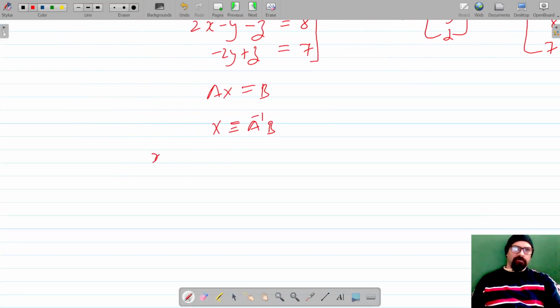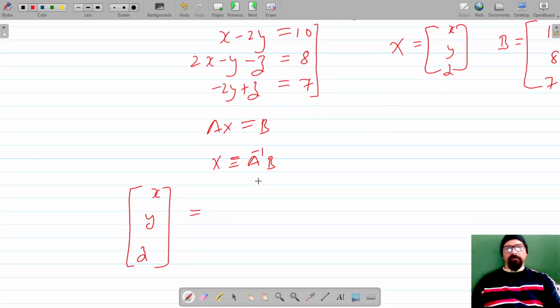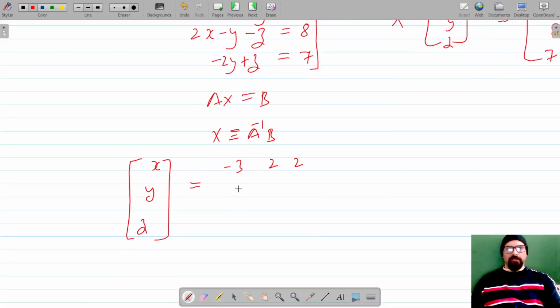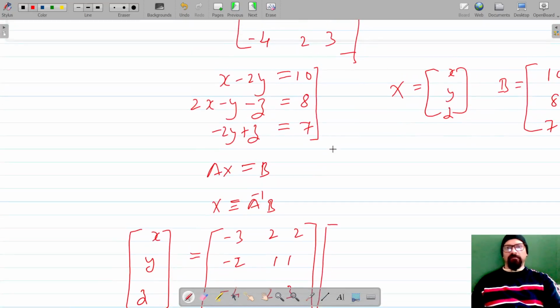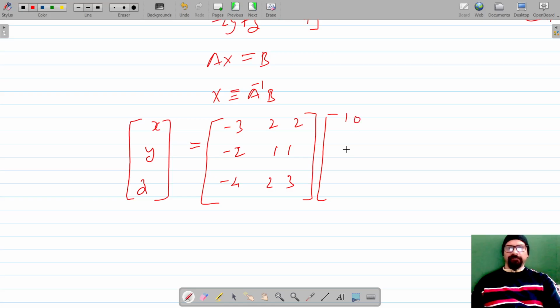So X has the elements x, y, and z, which is equal to A inverse. So A inverse is negative 3, 2, 2, negative 2, 1, 1, and minus 4, 2, 3. This matrix has to be multiplied with B, and B has elements 10, 8, and 7.